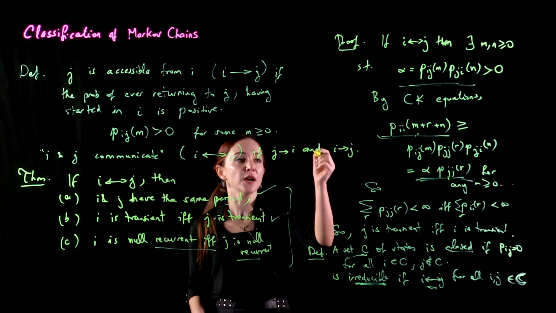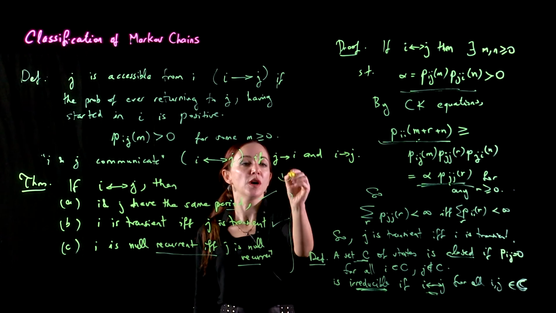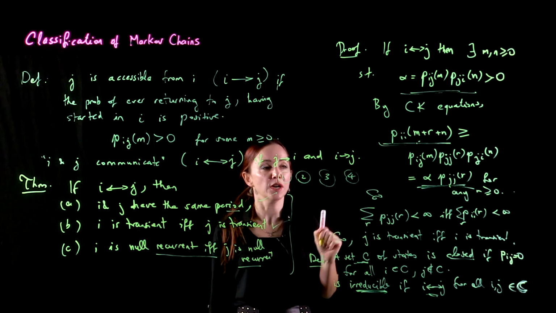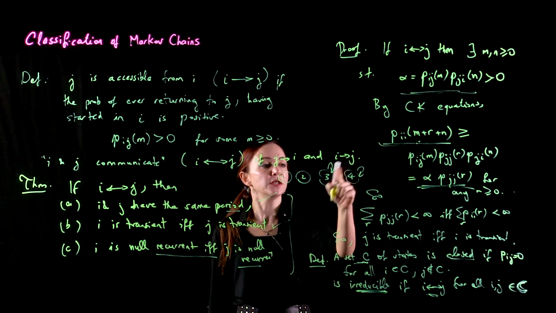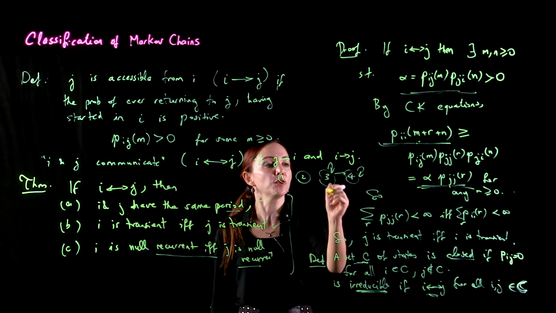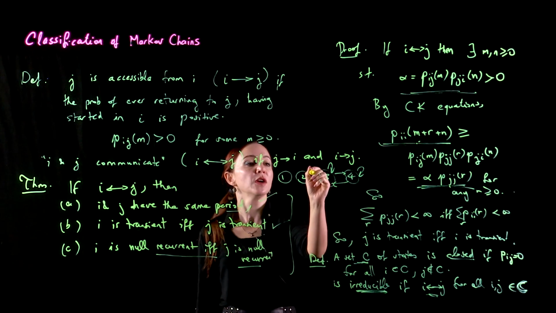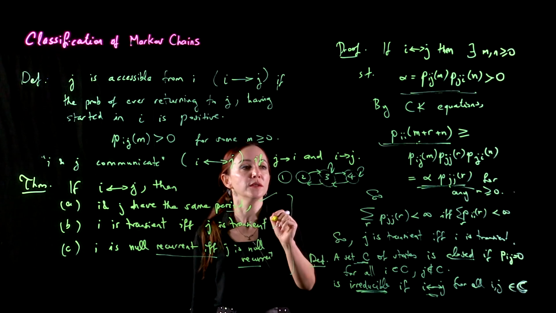Very simple example. Think of states 1, 2, 3, 4. These are self transitions. From 3 you can go to 4. From 4 you can go back to 3. From 2 you can go to 3. From 3 you can go to 1. From 2 you can go to 1.